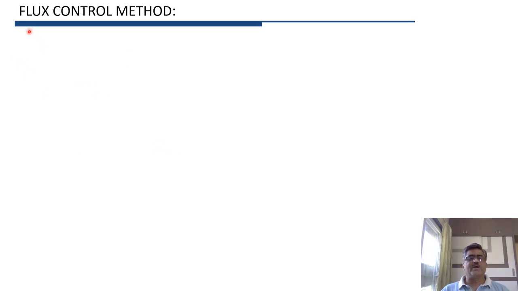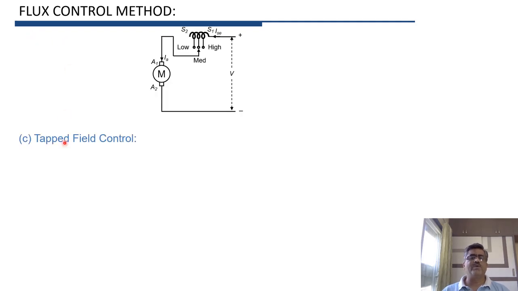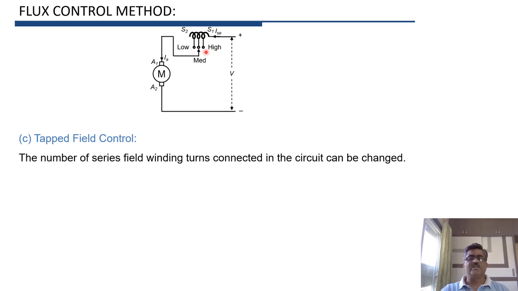The third method to control the flux is tapped field control. Here the series field winding has a number of taps, and with the help of these taps, the number of series field winding turns which are connected in series with the armature can be changed.